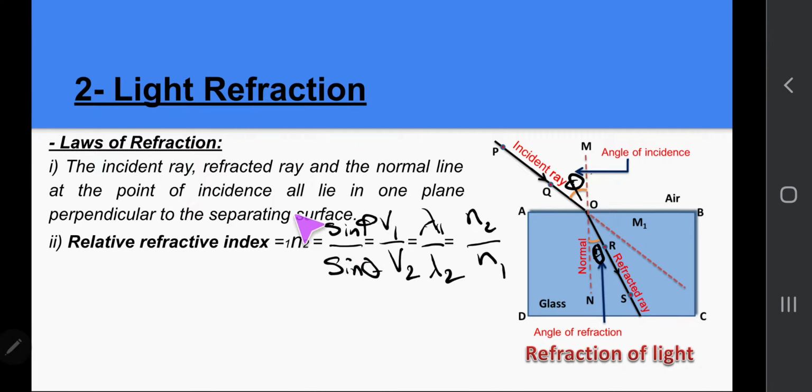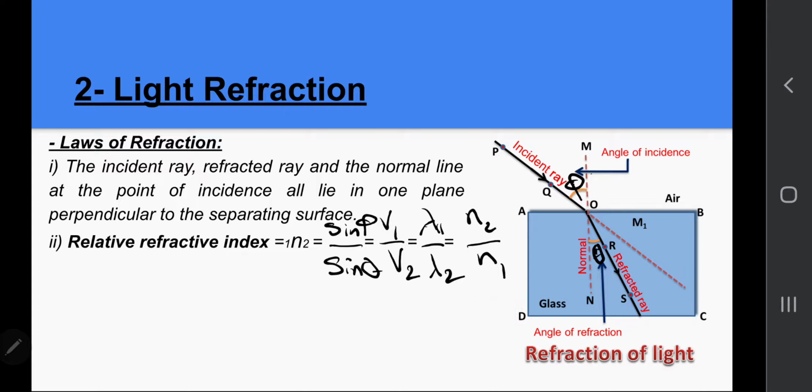What is this? Relative refractive index n12. What is meant by relative refractive index? This is the ratio between the absolute refractive index of the second medium to the absolute refractive index of the first medium.